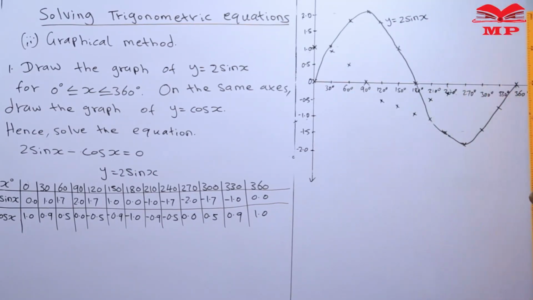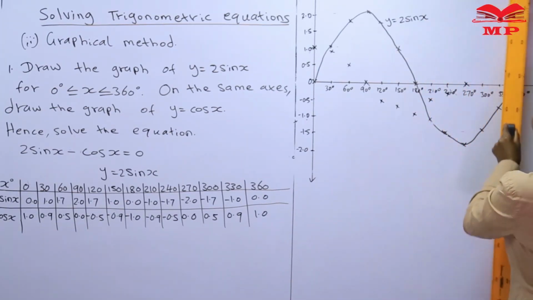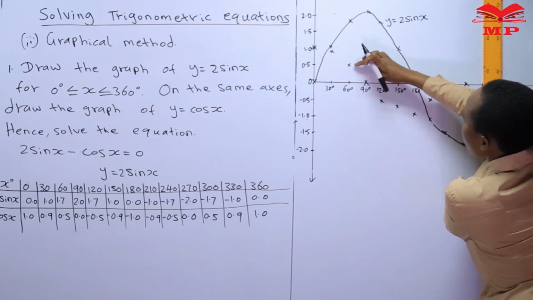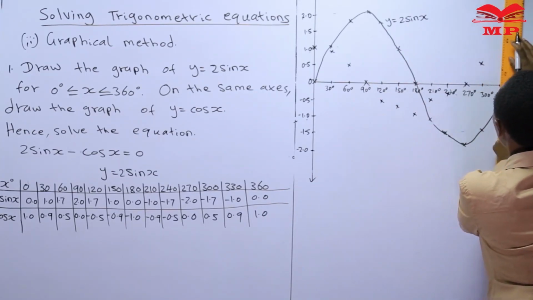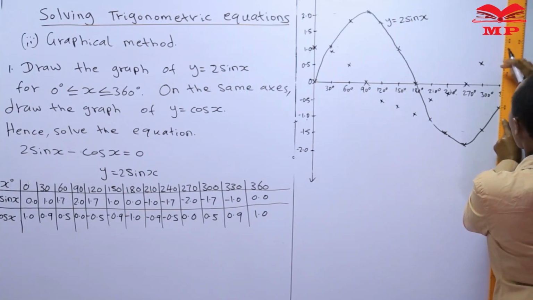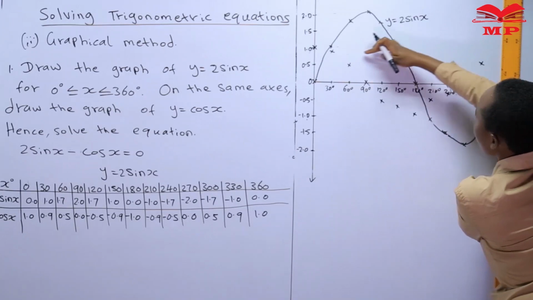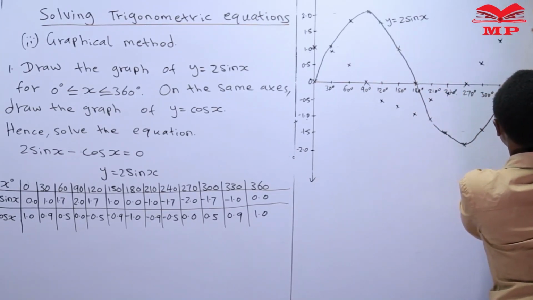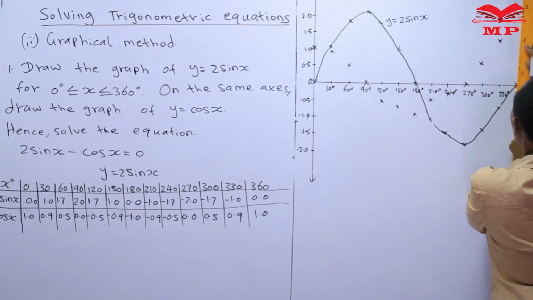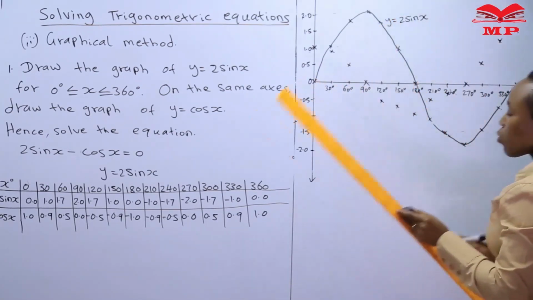Then we have 270, we have 0. Then 300, we have 0.5, which is somewhere here. Then we have 330, 0.9. And finally, we have 360, which is 1, which is somewhere there. So that's what we have.